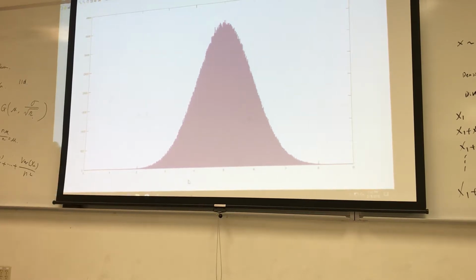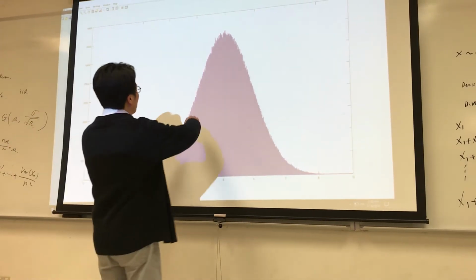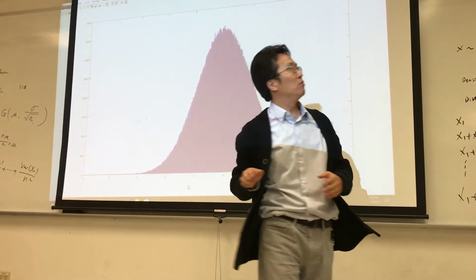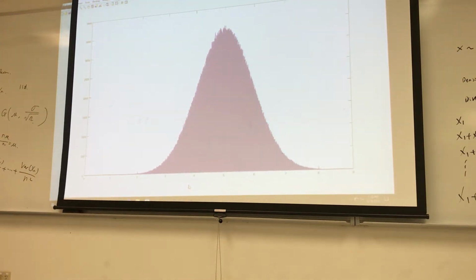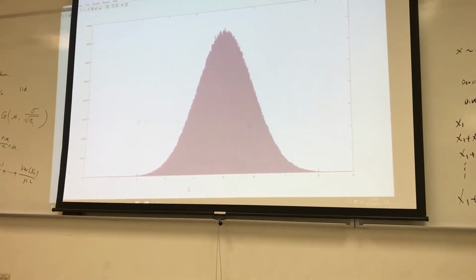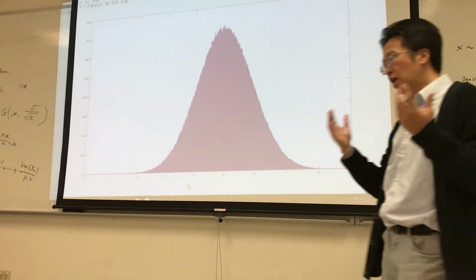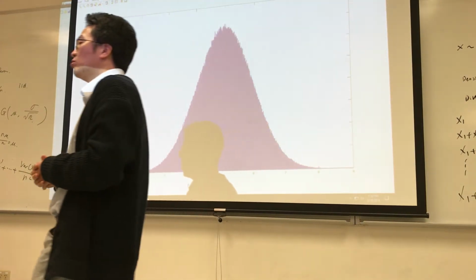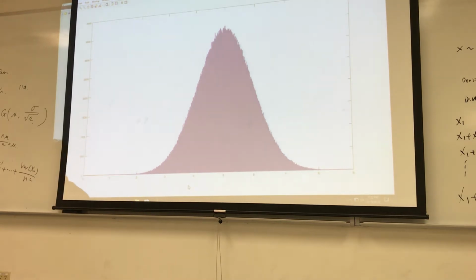So to verify, indeed, this new random variable x, equal to the sum of these 10 identical independent random variables, very closely follows this Gauss distribution.